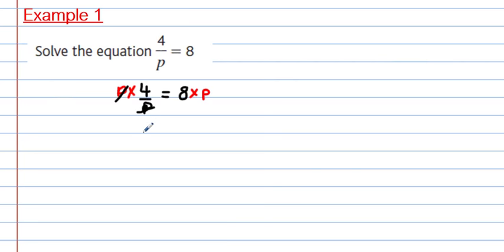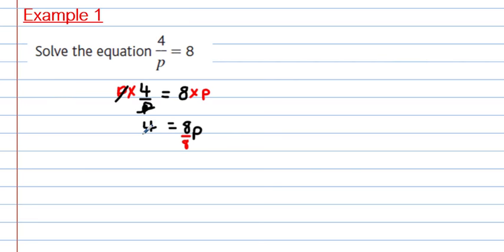So if I tidy up, I'm going to have 4 equals 8p, because 8 times p is 8p. But I'm looking for p, so I'll divide by the coefficient of p, which is 8. So I'll divide both sides by 8.